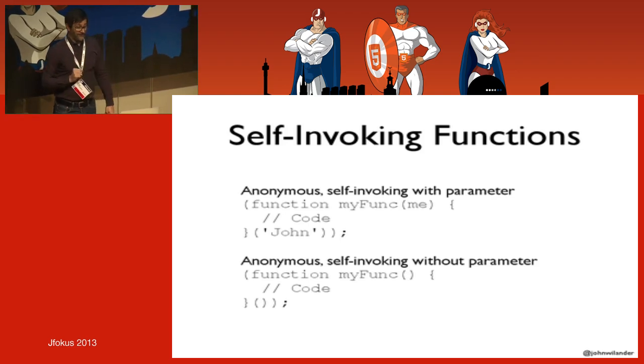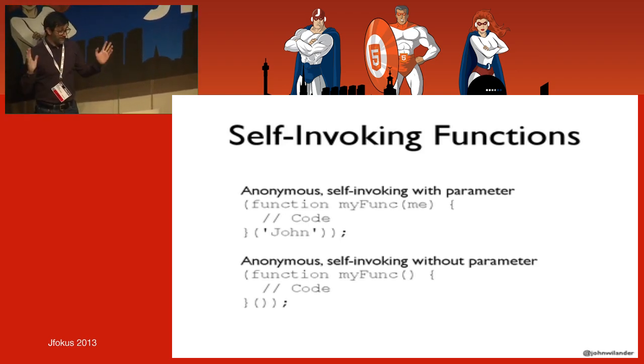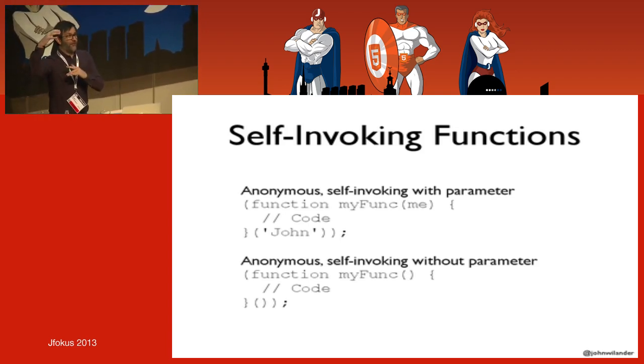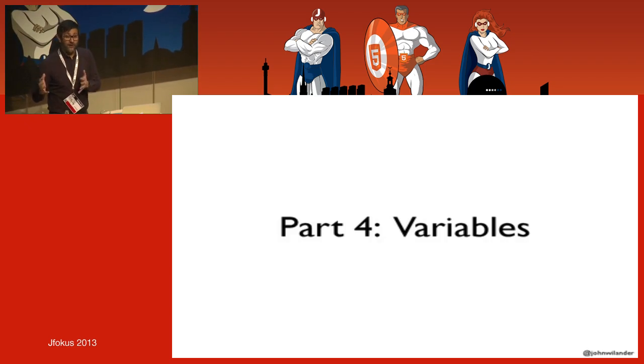And the second example here is just a self-invoking anonymous function without any parameter. So you typically see code in files enclosed with this kind of code pattern, because you want the code to execute directly, but you want a local function scope.